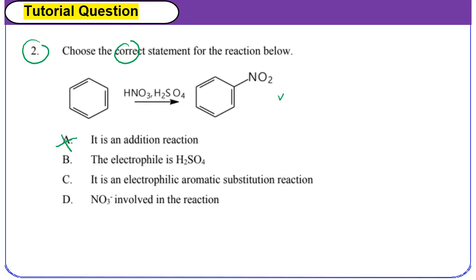The electrophile is not H2SO4; basically, the electrophile is NO2 plus. It is an electrophilic aromatic substitution. The species involved in the reaction is not NO3 negative, but NO2 plus. So the answer is C.